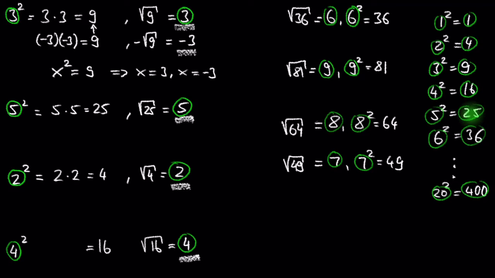And the square root of 25 brings us back to our number 5. And so on. By the way, it's not necessary to write the 2 in the upper left corner of the square root symbol. When there is no number in the top left corner of the root symbol, then it's always the square root.